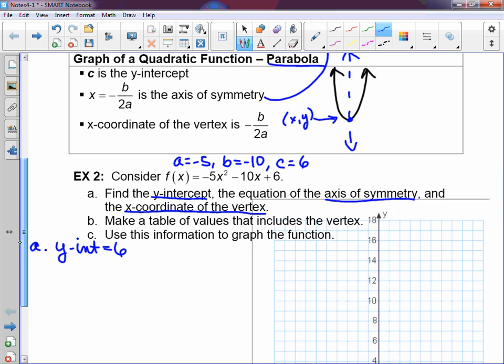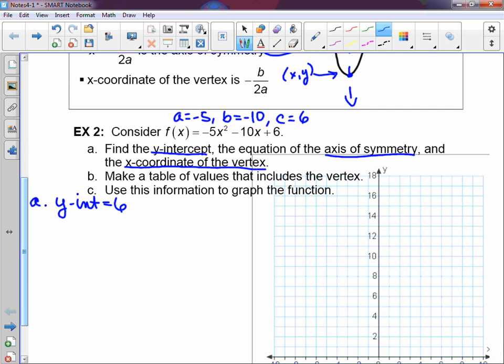So now I'm finding the axis of symmetry, and anytime we label it, I'm just going to put AS for axis of symmetry. And what's the equation for that? x equals -b over 2a. Now I'm going to substitute the b and the a. So I'm just going to look up here.